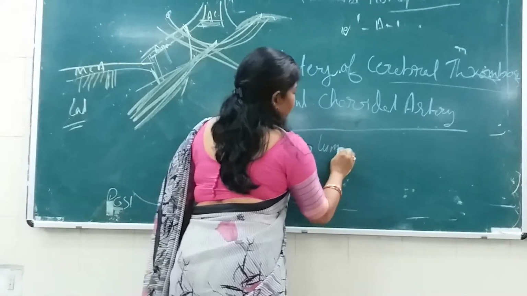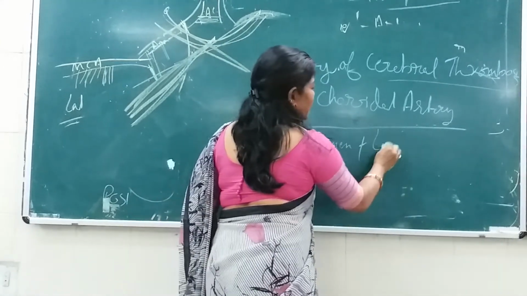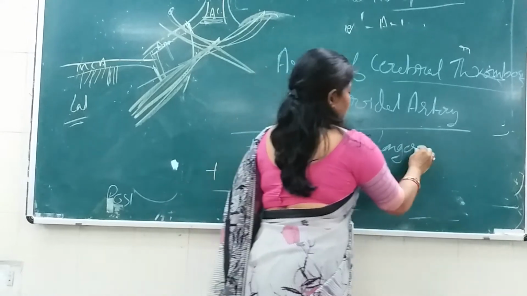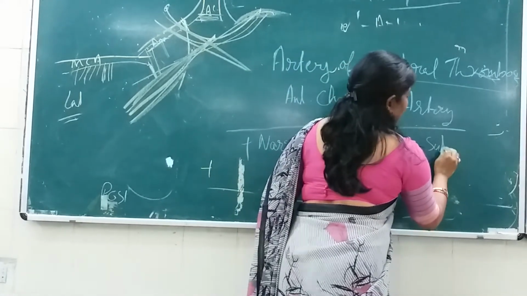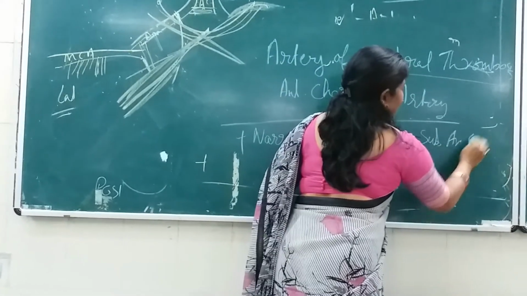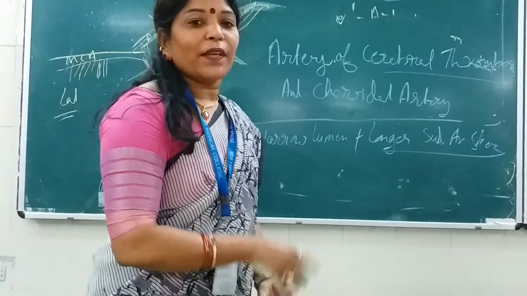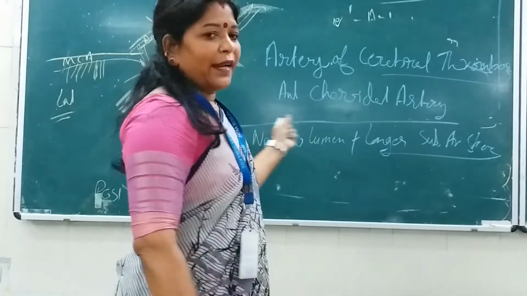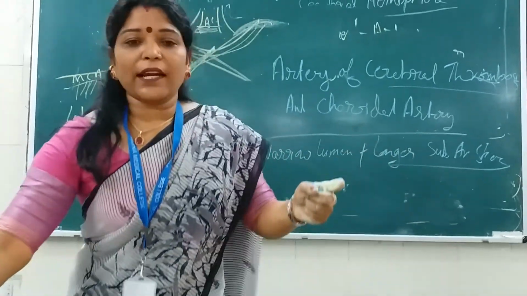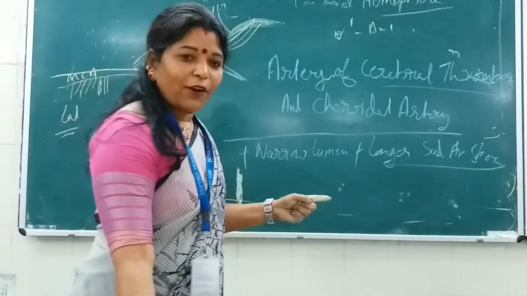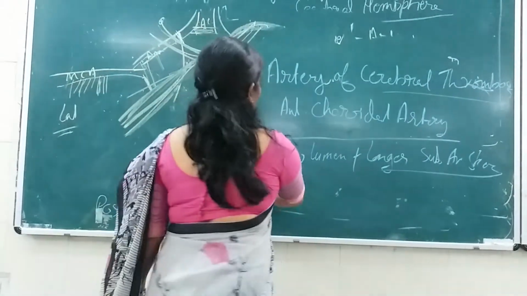Narrow lumen plus a longer course in the subarachnoid space is why this artery is known as the artery of cerebral thrombosis. And one of the lenticulostriate arteries is the artery of cerebral hemorrhage. So both things are different.